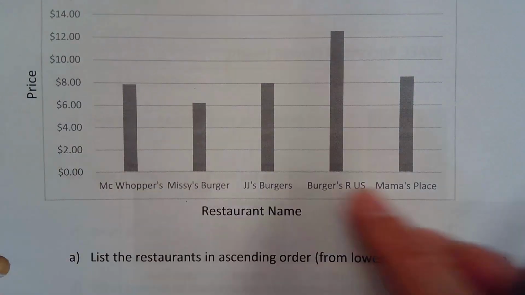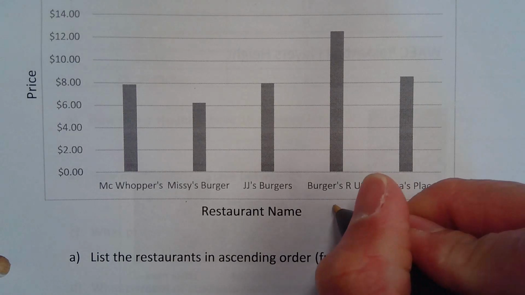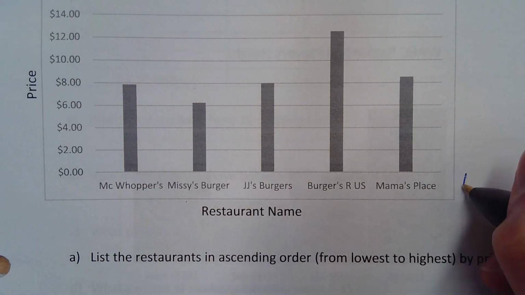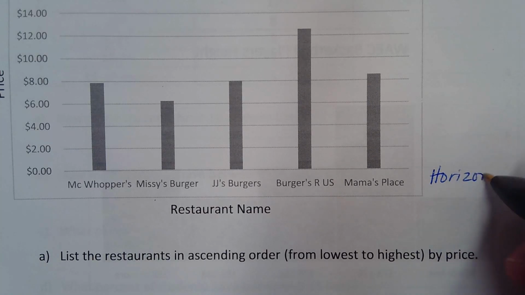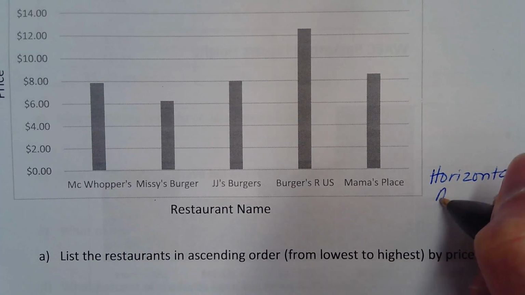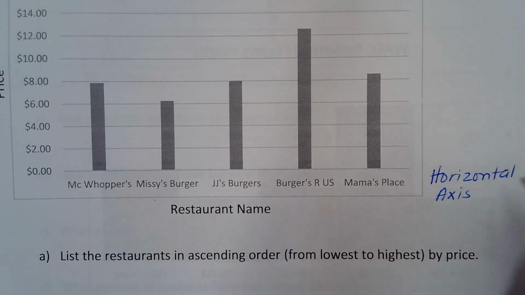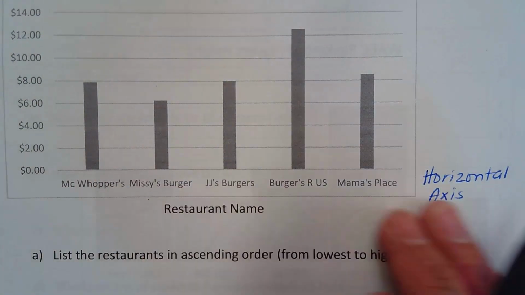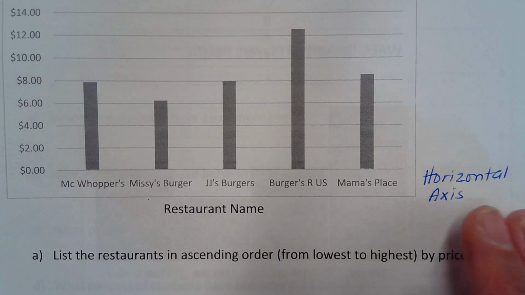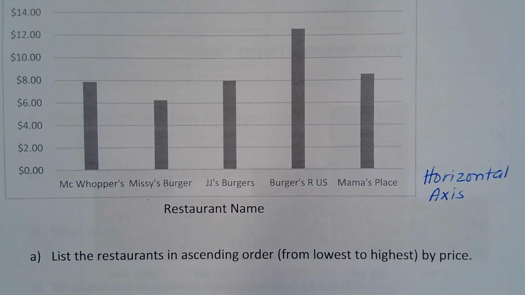So this part here is called the horizontal axis. Okay. The flat part, right? The bottom part. Now, if you're going to get into the mathematical part, it's called the x-axis. We're not going to call it x-axis. We're just going to call it horizontal axis.